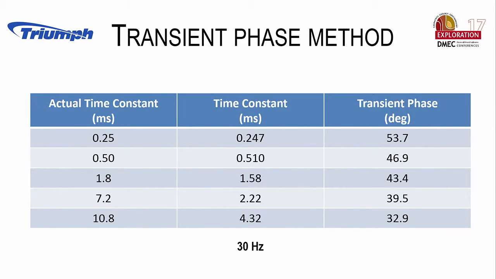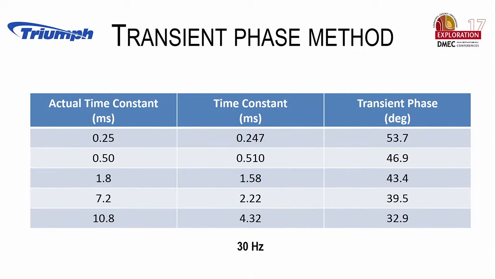We can look at the conventionally calculated time constant from the late time channels in the center, and then we can look at the transient phase. And in the first instance, at 0.25 milliseconds, you see it's over 45 degrees, which shouldn't be. Everything should be from 45 degrees down to 0 degrees.